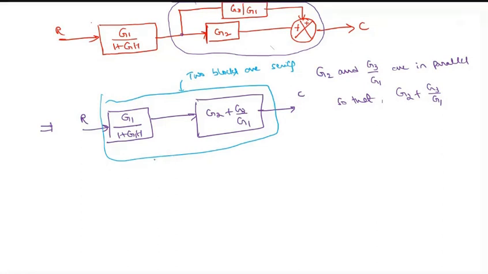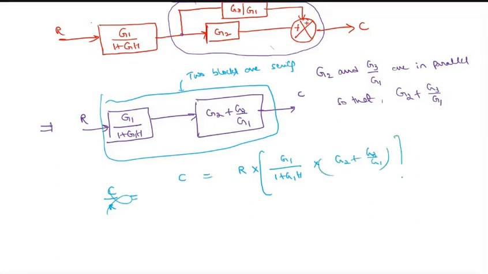That means, finally we are going to get the transfer function C by R, which is output by input. Output is C, input is R. Otherwise, simply the output can be written as R into G1 by 1 plus G1 into H, into G2 plus G3 by G1.